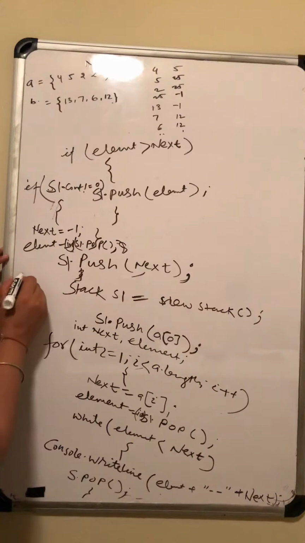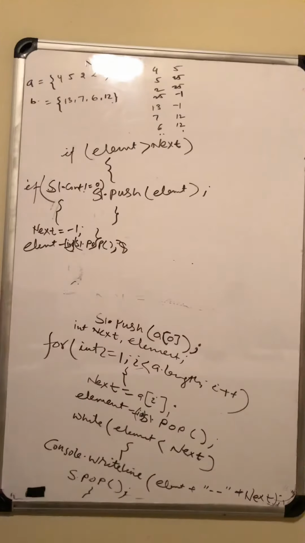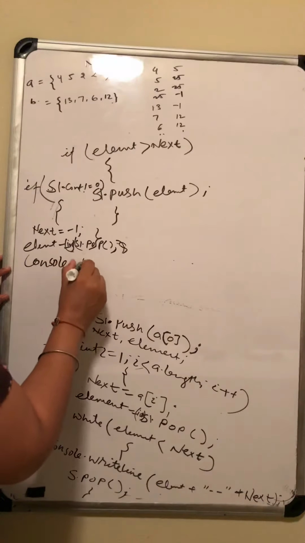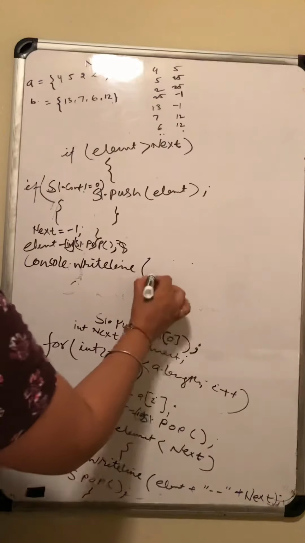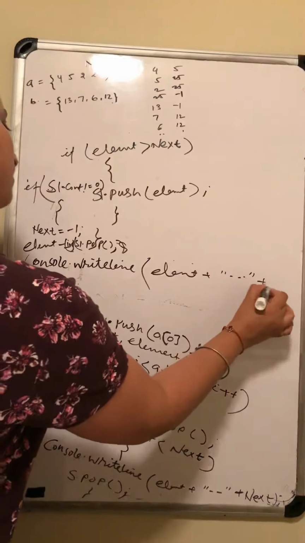And I will write a Console.WriteLine of element plus next.